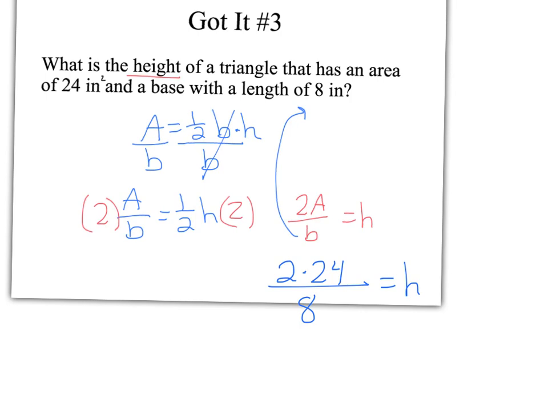I would cancel that out just to make the multiplication a little bit easier. So 2 divided by 2 would be 1, 8 divided by 2 would be 4. So all you're really doing is 24 divided by 4, which is 6. So the height equals 6 inches.